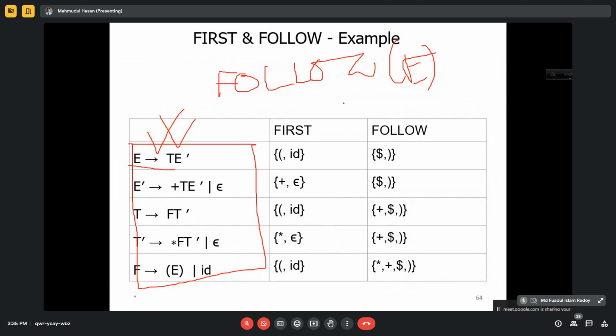Okay. So in our everyday life we use the word follow. Follow means, suppose here A follows B. At high school level, most of us had experience of assembly before the starting of the class.